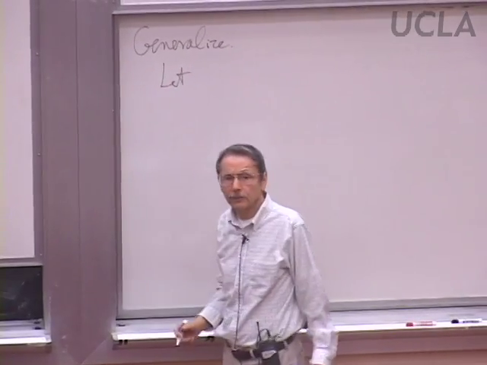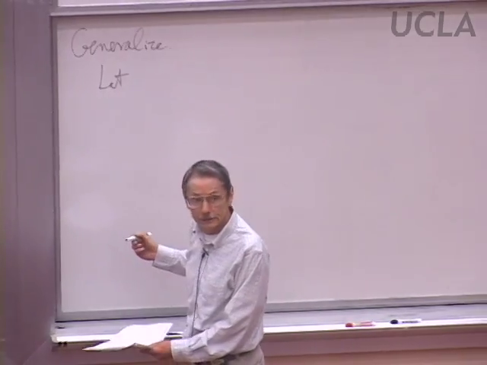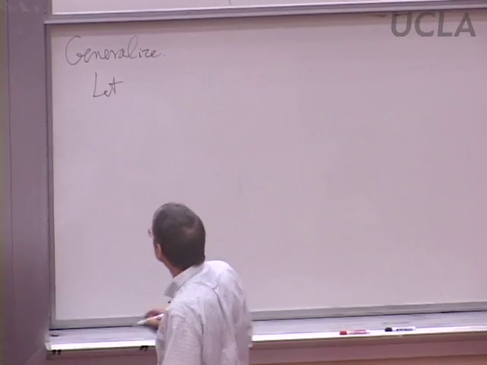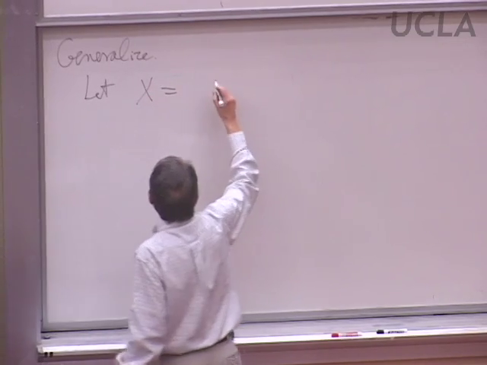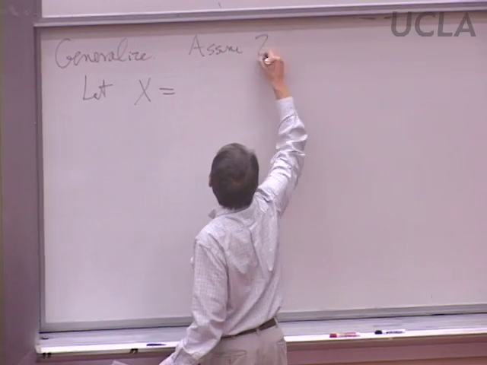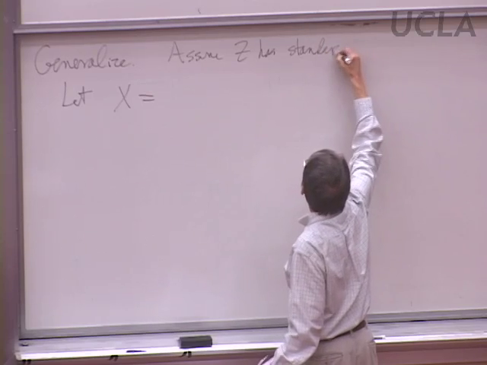Suppose instead of 2 and 3, we had some other numbers, say mu and sigma, letters not chosen quite at random. We're still assuming Z has the standard normal distribution.